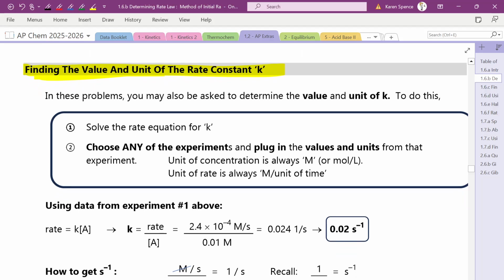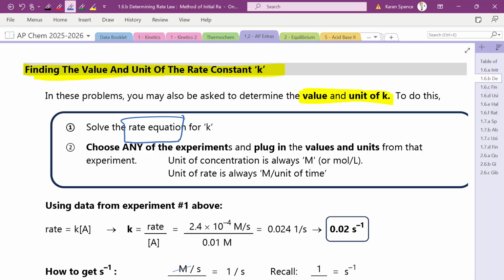In these problems, you might also be asked to determine the value and the unit of K. So to do this, you will take the rate equation and you will solve it for K. Then you'll take any of the experiments. It doesn't matter, experiment 1, experiment 2, experiment 3. You will take the concentrations from that and the rate from that, plug them in, and then you'll get a value for K. And you will also get a unit for K.